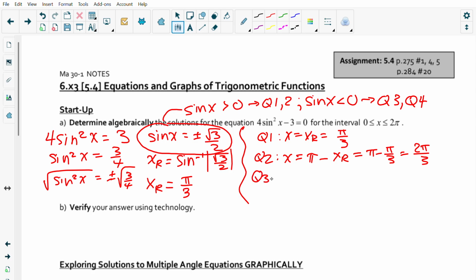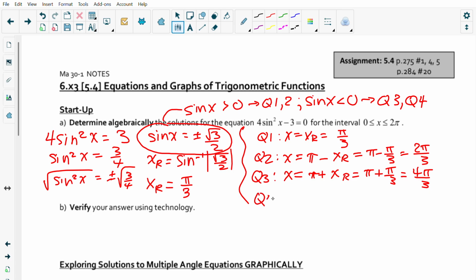Quadrant 3, angle in standard position equals pi plus my reference angle, and that equals pi plus pi/3, and that is 4 pi/3.